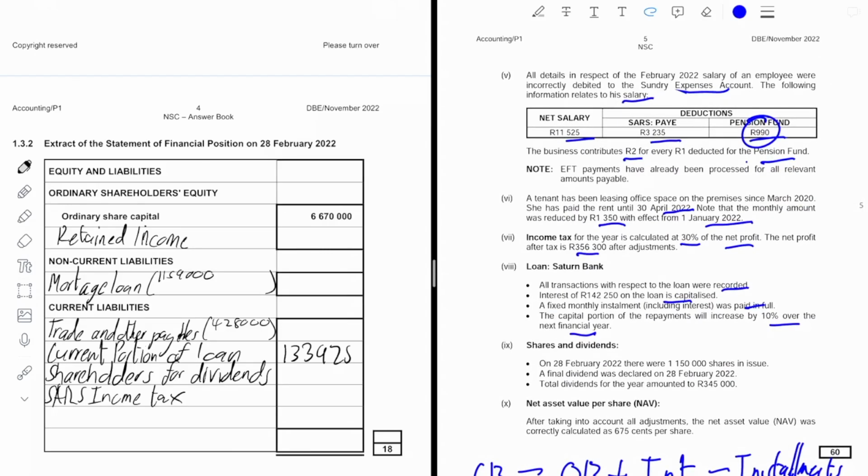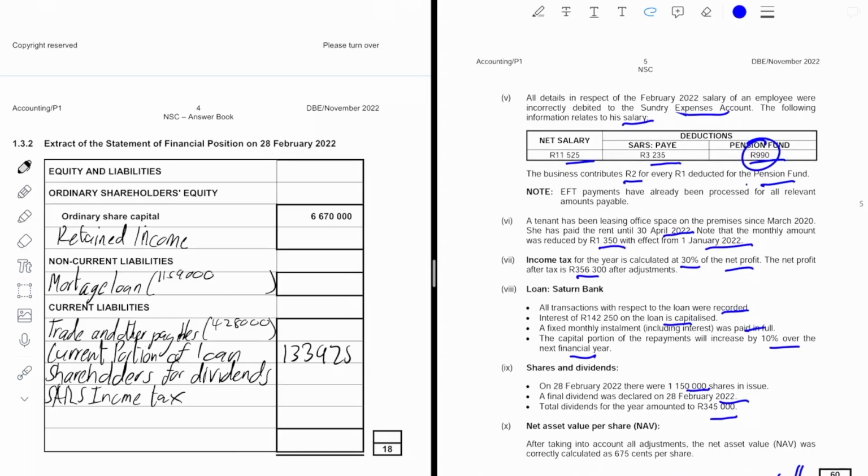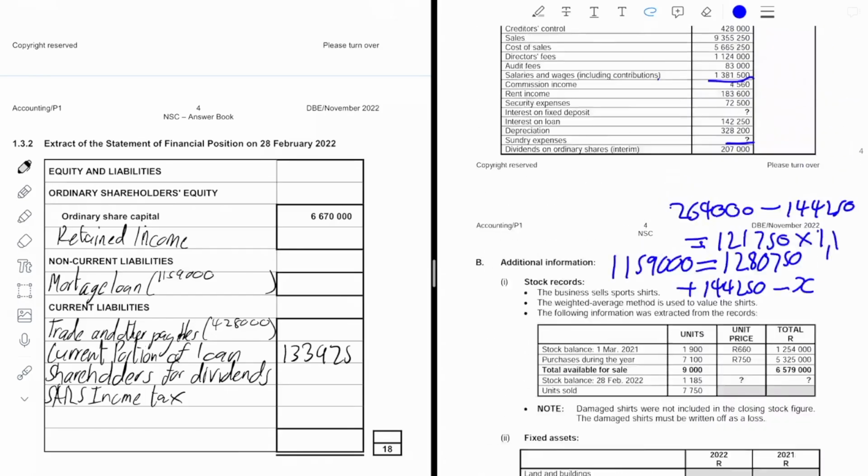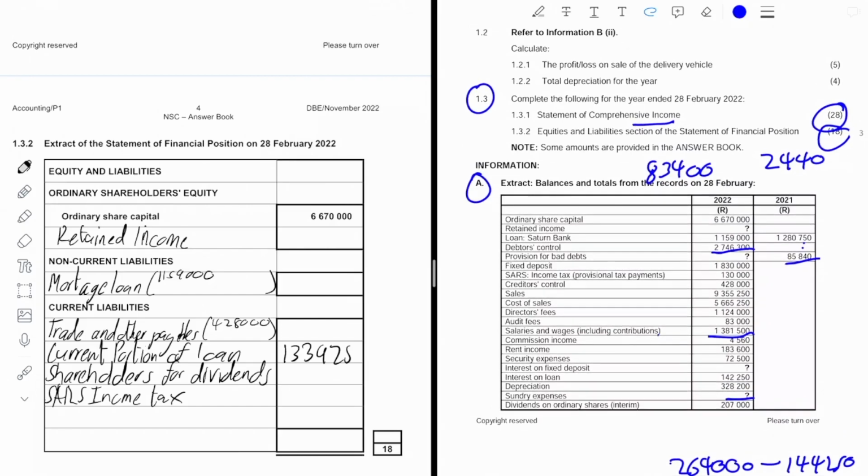Okay, then they give us some information on shares and dividends. They say on 28th Feb 2022, so that's the end of our financial year, there were 1,150,000 shares in issue, and then a final dividend was declared on the last day of the financial year, and the total dividends for the year amounted to 345,000. Let's look if there were any interim payments.